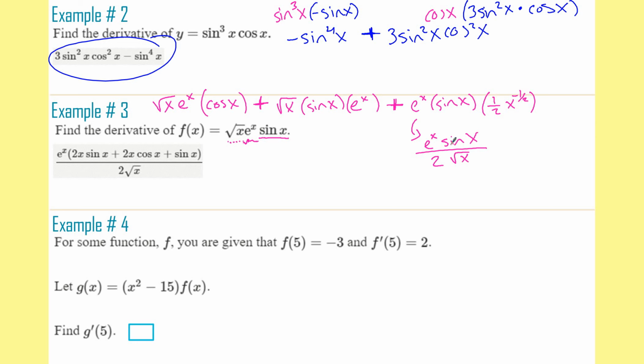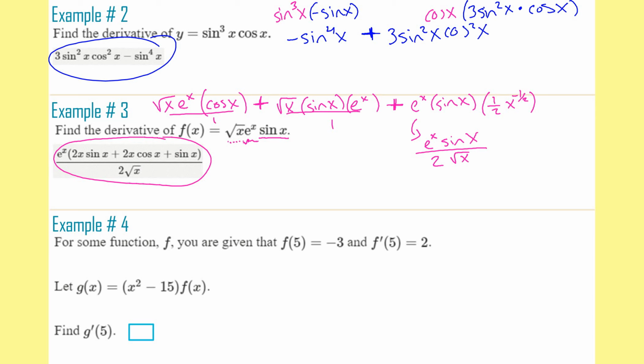So they made everything have the same 2 times the square root of x, multiplying everything, top and bottom, by 2 times the square root of x. It's the same thing either way, and I'll be able to recognize both of those. The book was really big on simplifying.